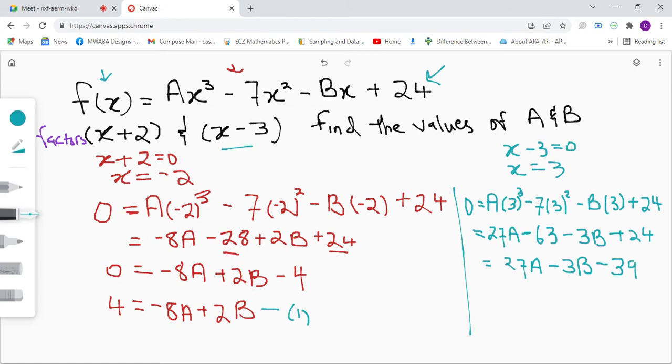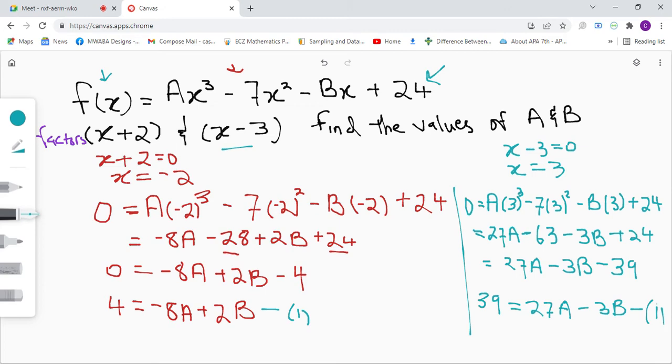We're going to take this negative 39 onto the right side, so we say 39 equals 27a minus 3b. So this is our equation 2.